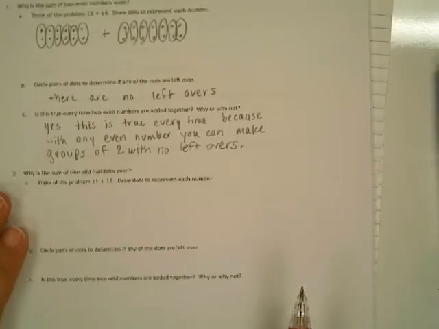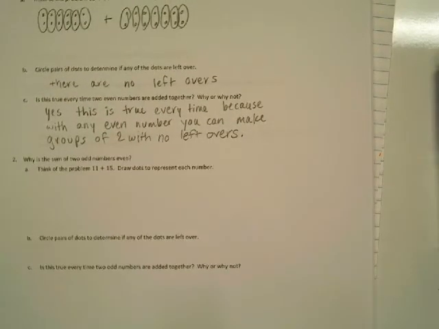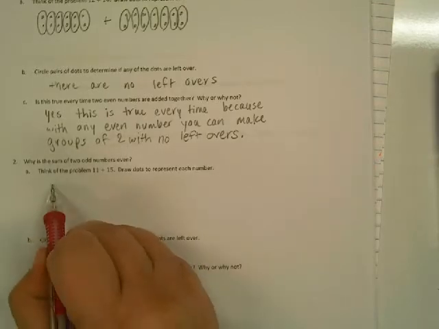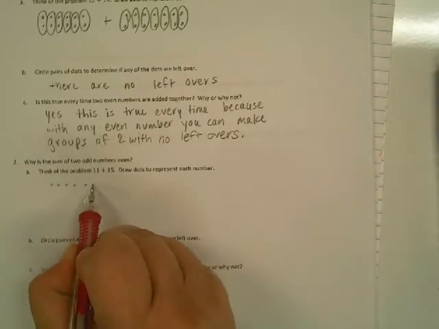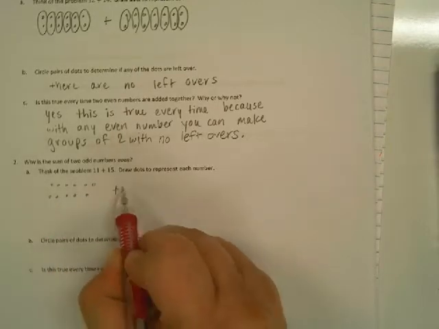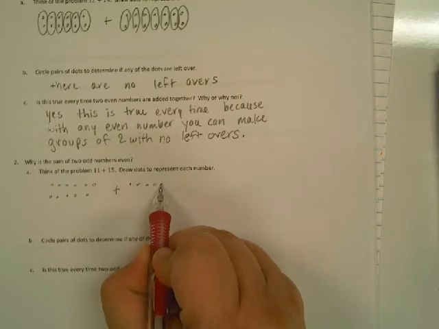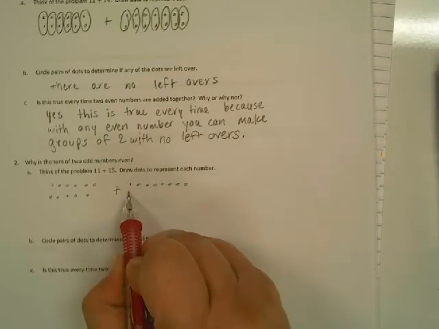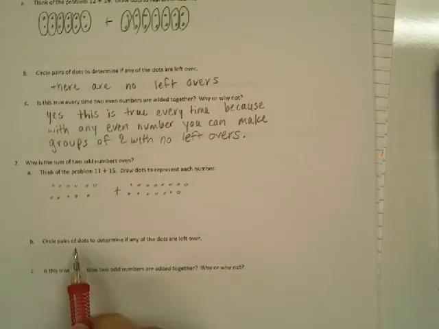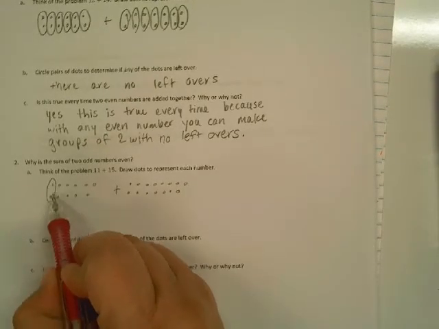Now let's go on to the second question. The second question says, why is the sum of 2 odd numbers even? So this time we're going to draw dots to represent 11 and 15. And then it says circle the pairs.